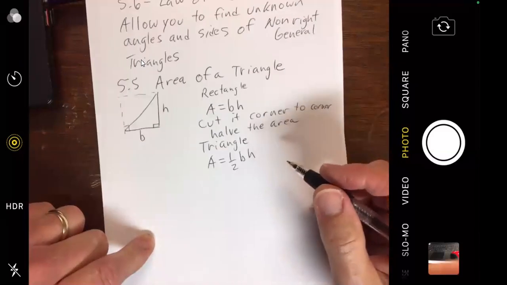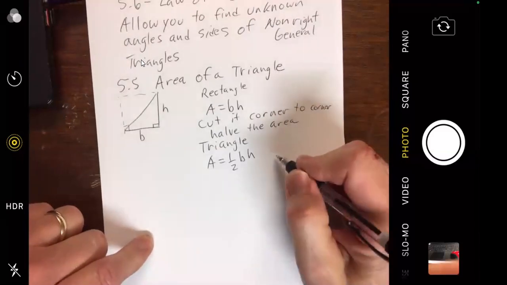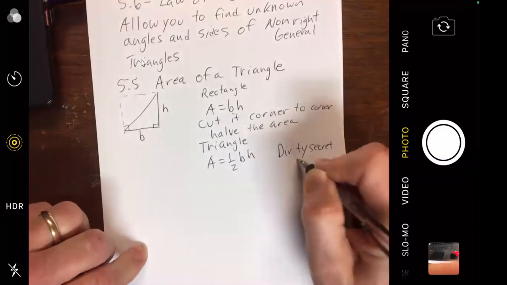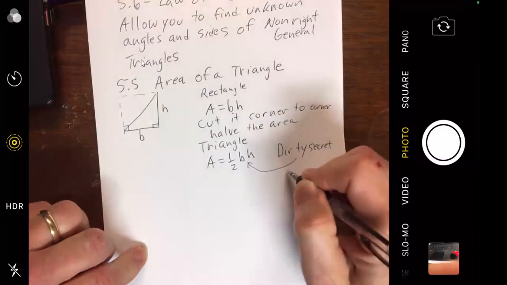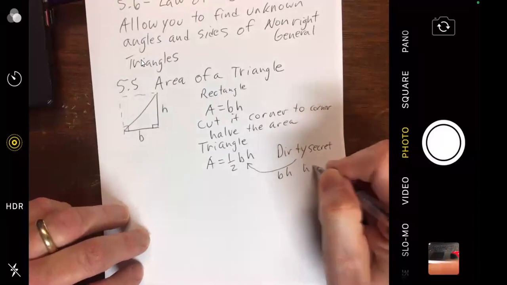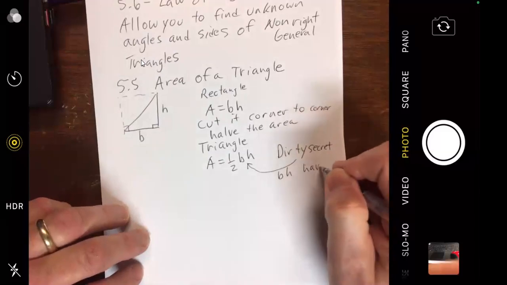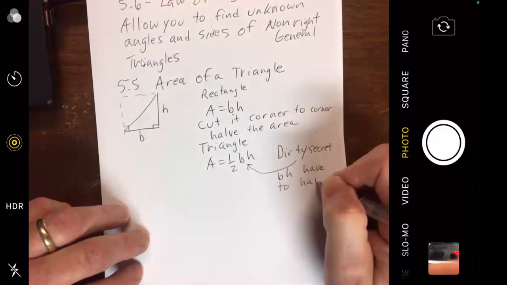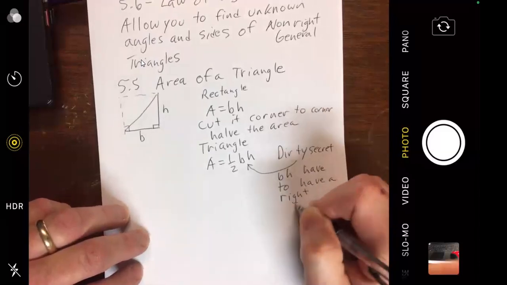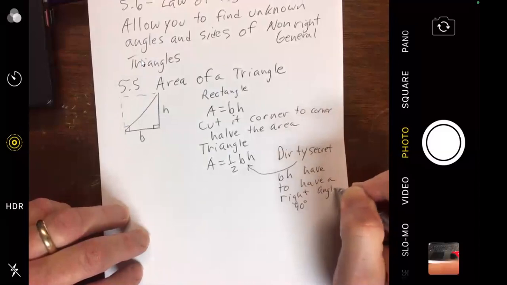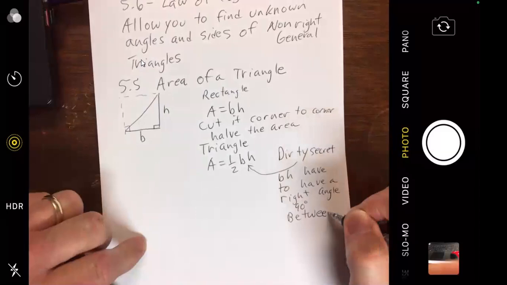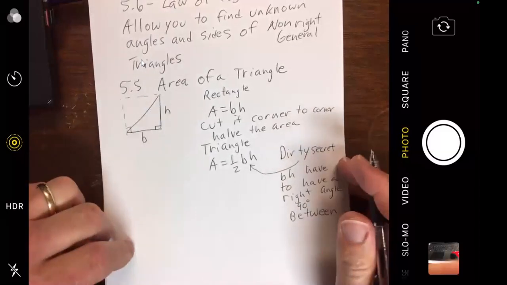The dirty little secret they did not tell you is that B and H have to be perpendicular to each other. Have to have a right, 90-degree angle between them, which they would on a rectangle or a triangle formed from a rectangle.